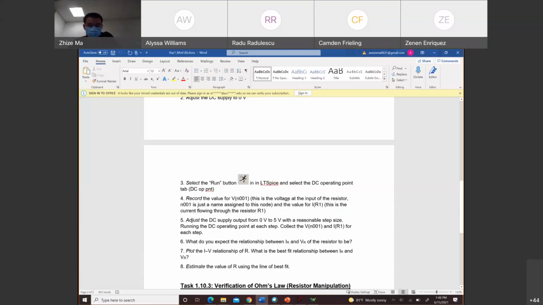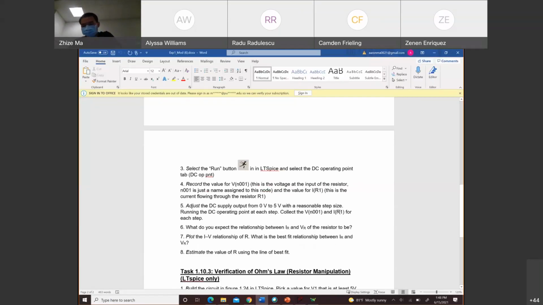Also, remember the template is provided on Brightspace. You can just follow the write-up template and fill out the data in the table. After you sweep all the points, you will plot the IV curve, which is the current versus voltage plot. Usually when we plot the IV curve, we put voltage on the x-axis and current on the y-axis.